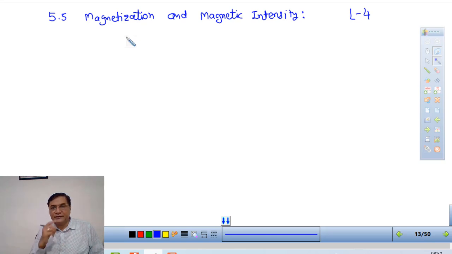If you want to categorize depending on the magnetic nature, we should know something about the material, then we can categorize.